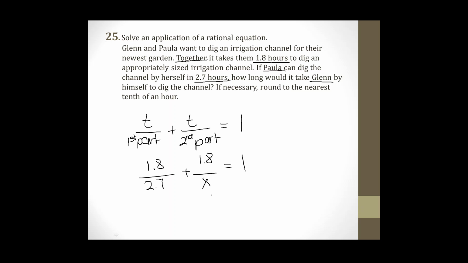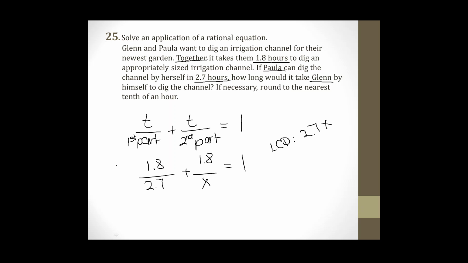Remember, we're solving for x, so we can multiply through by the least common denominator. What is it? 2.7. Good job, because this is most of the time the hardest part, finding the least common denominator of multiple rational fractions.